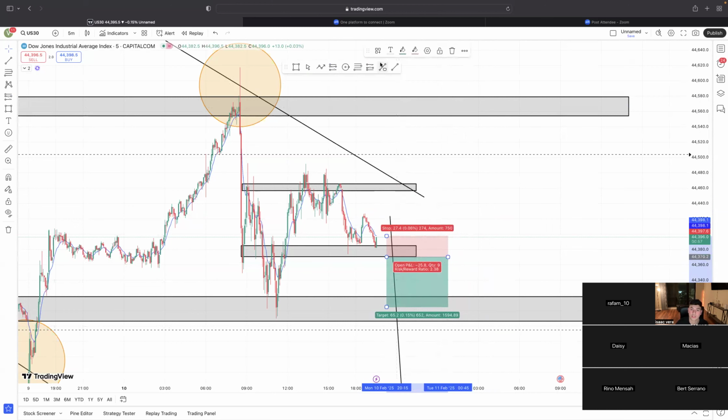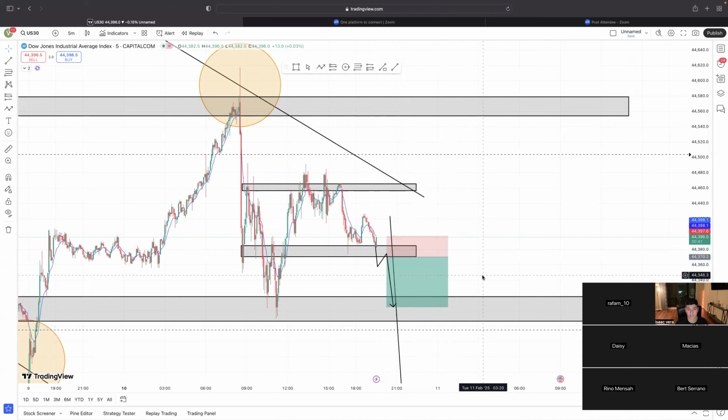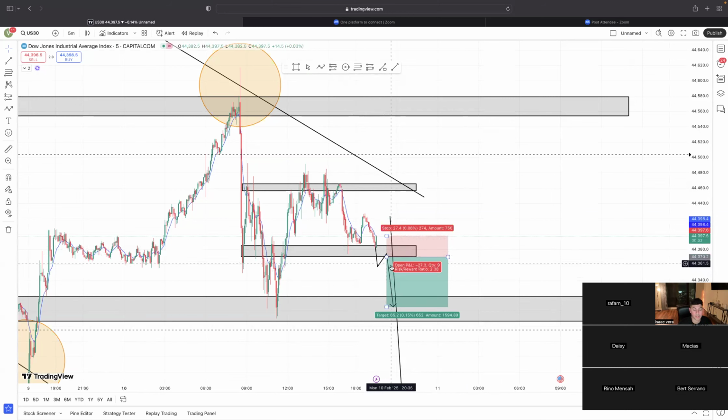And I would only take this if we break support with a bearish engulfing candle, or if price is moving to the downside, we go up to retest and then continue to the downside. So that's two confirmations: a bearish engulfing candle, or price breaking support, coming back to retest, and then continuing its way to the next key zone, which is the support right here. This would be my key scenario.